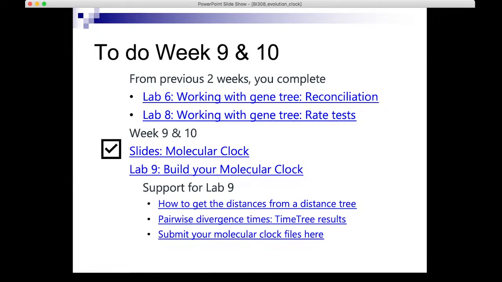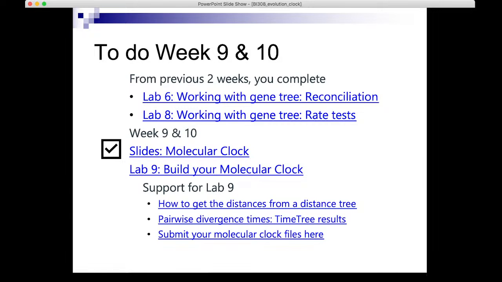And what you would want to do between today and into next week is to actually use your NEWICK files to pull out information about the genetic differences between each pair of species. Those are your estimates of the amount of genetic differences between them. And so off we go, right?